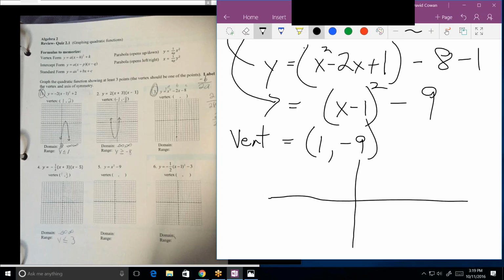Okay, the vertex, we're going to call that point (1, -9). I know which way this opens: up. Where am I going to find my other 2 points?